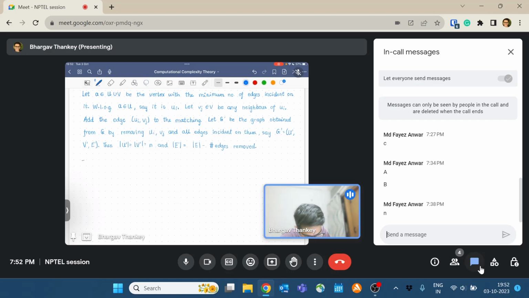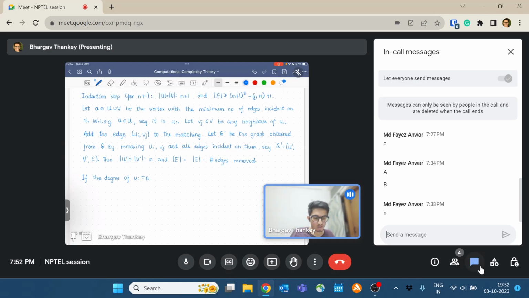So if the degree of UI, that is the number of edges going out of UI, were already n, then UI was the vertex with the minimum number of edges going out of it, right?